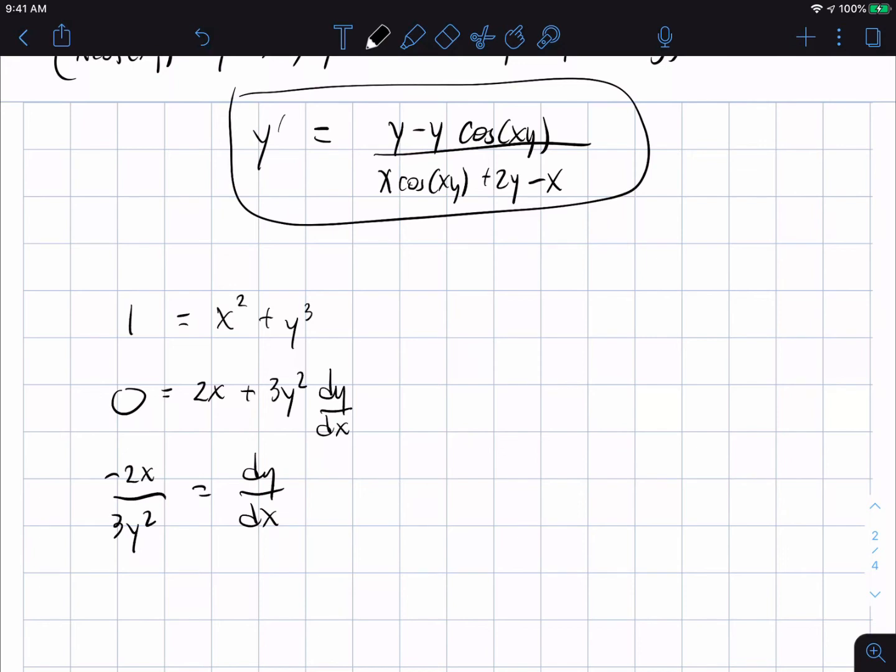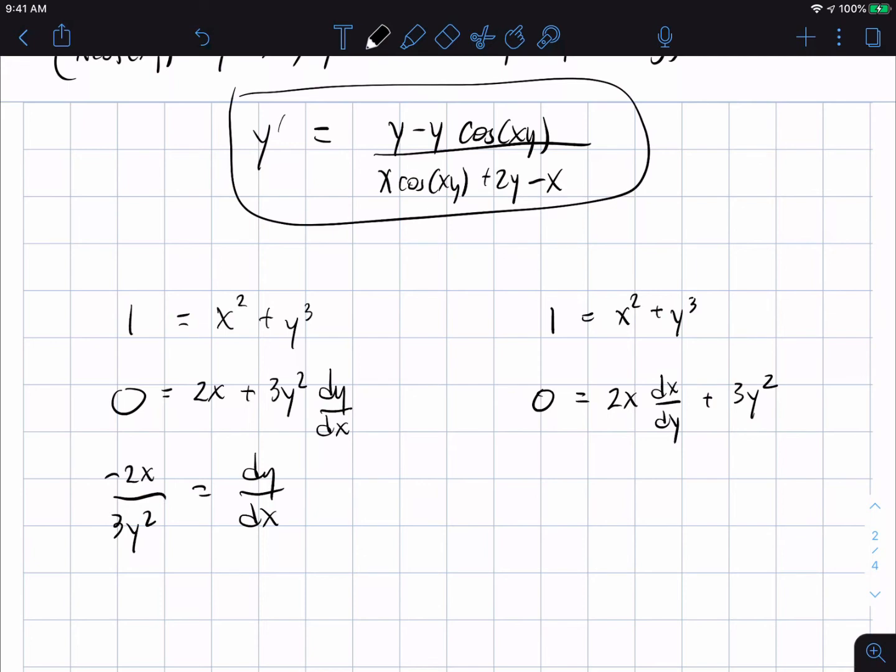Okay, so now let's do it with respect to y. If I do it with respect to y, same problem, I'm going to get 0 is equal to 2x dx dy plus 3y squared. Do you see where the implicit comes into play?